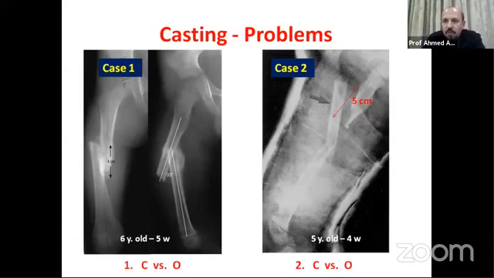I also need your voting. Just write 2C for conservative, continue casting, or 2O for operative, if you want to operate on him. So this is 2 slides for voting, please, and we will collect your opinion.